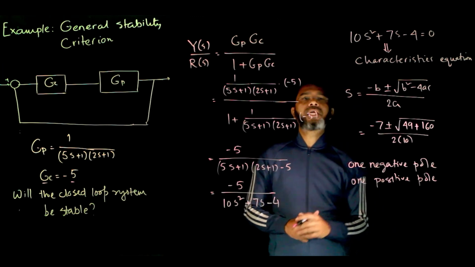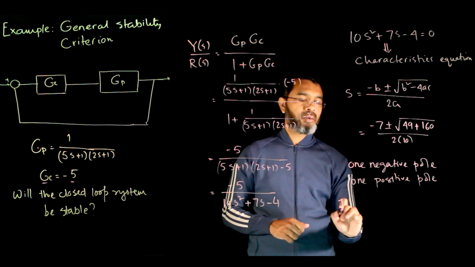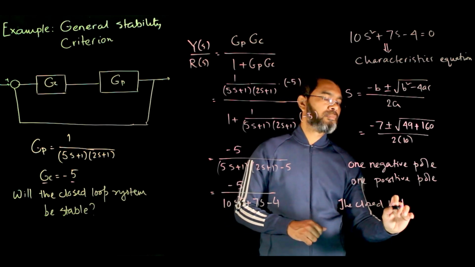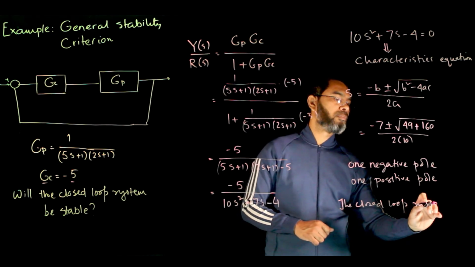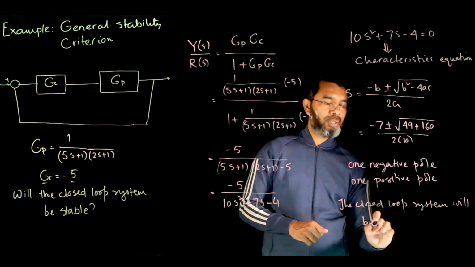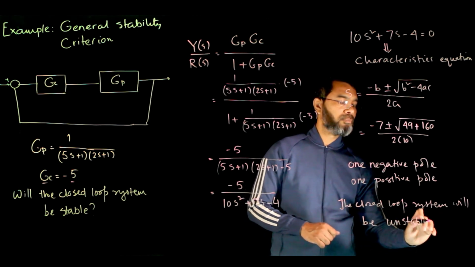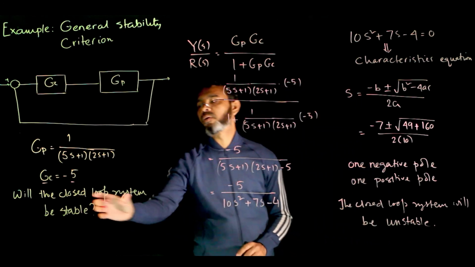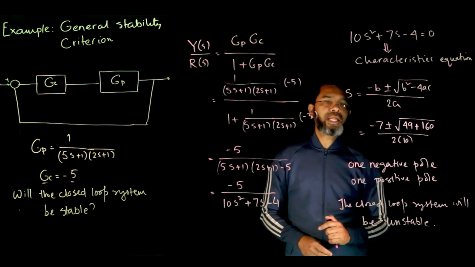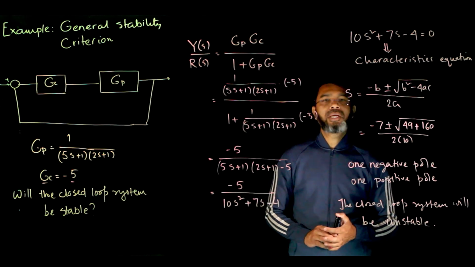So without determining the numerical value, we see that the closed loop process will be unstable. The question asks us, will the closed loop system be stable? We see that one pole is positive, another is negative. So the closed loop process will not be stable. It will be unstable.